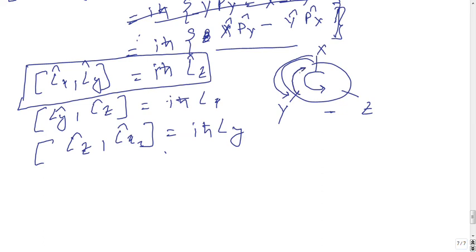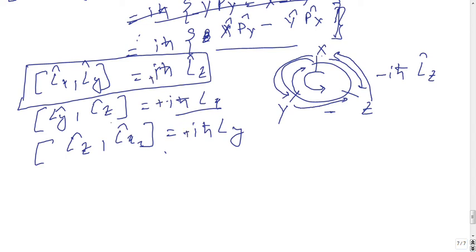If I reverse the order, it gives me minus iħ Lz. Similarly, the commutation between Ly and Lz, along the anticlockwise direction, gives me positive iħ Lx. And the commutation between Lz and Lx gives me plus iħ Ly. If I take the opposite order, it gives me negative iħ Ly.